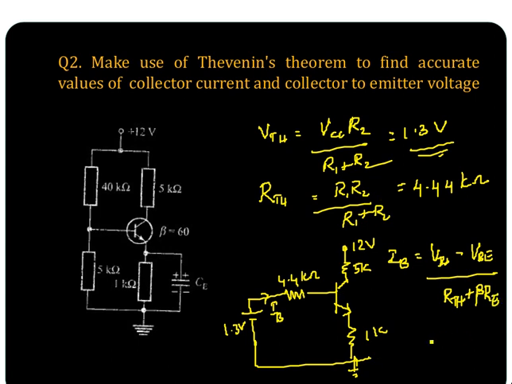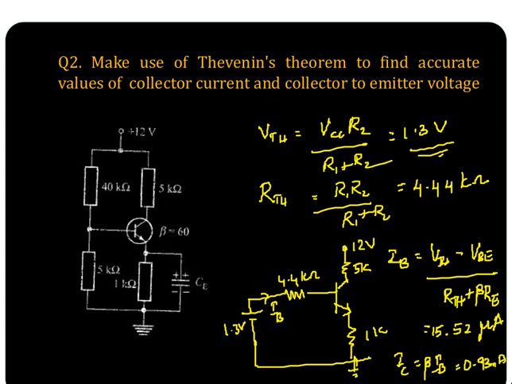Okay. So on substituting these values, you will get it as 15.52 microampere. The collector current will be beta times IB. IC is beta IB, and that is equal to 0.93 milliampere.